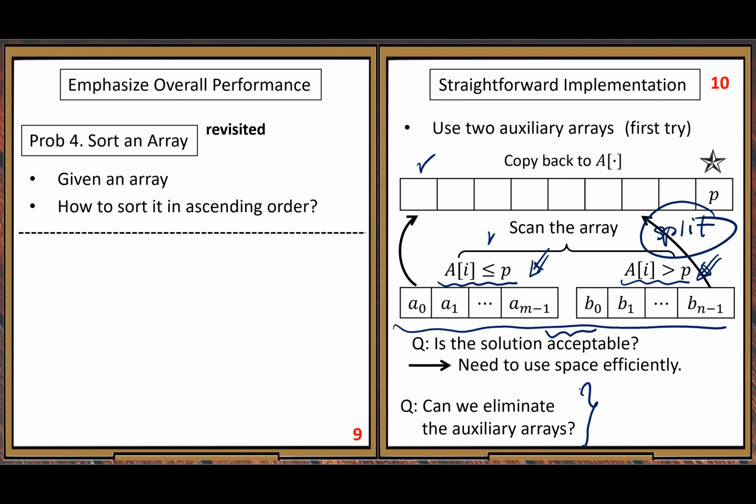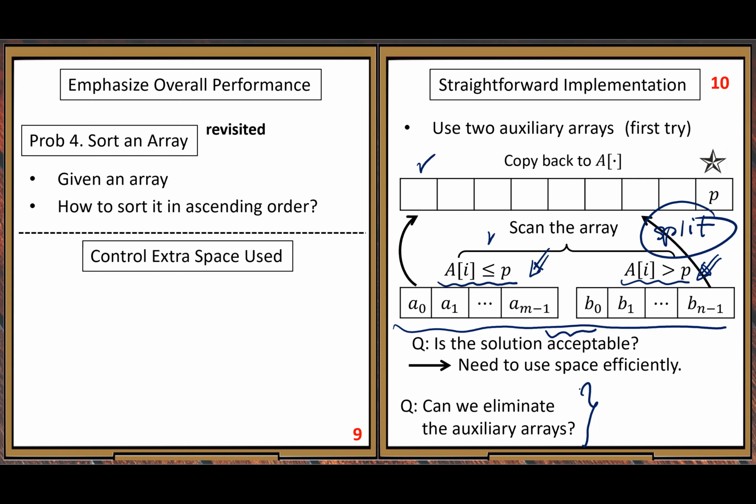But for the details, let us fix the detail part. Control extra space used.